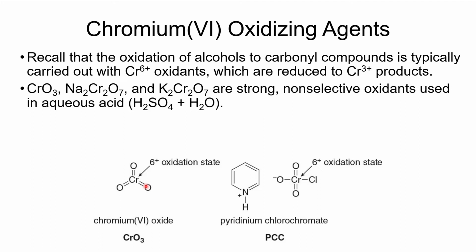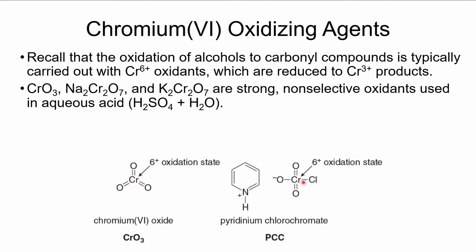Typically, we think of metal nonmetals as having ionic bonds, but it turns out that these are covalent bonds, so we don't have to completely transfer the electrons, so we don't have a +6 charge on the chromium. There is a positive charge, but it's definitely not a +6 charge. You'll notice that there are 6 bonds going to oxygen.